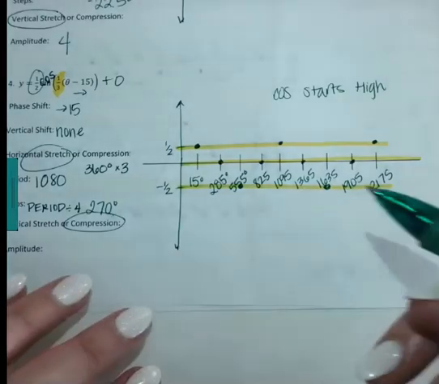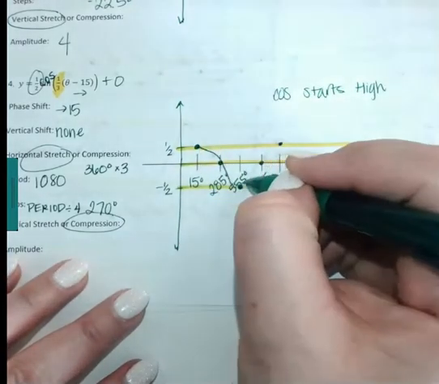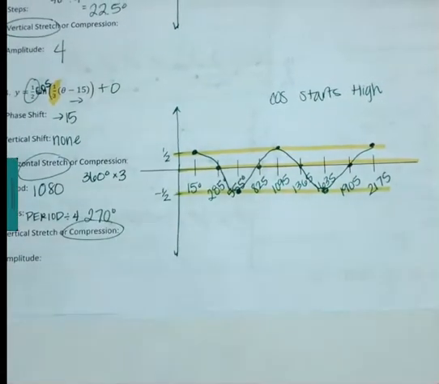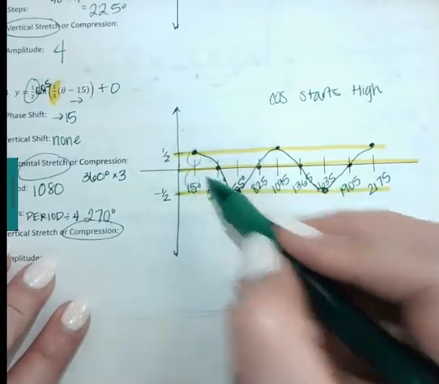Okay? And then graph your little thingy. Here it goes. Like that. Make sense? Okay, then how tall is it from the top to the bottom if each of these are a half? 1.